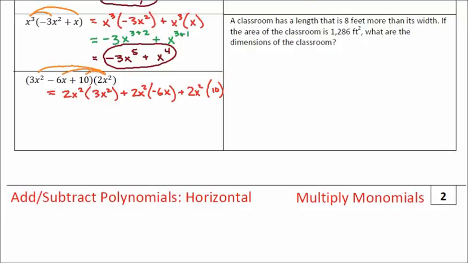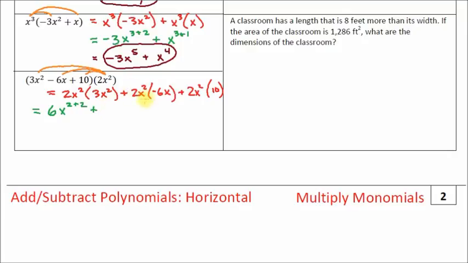Alright, now we just have to go through what we've already learned, how to multiply two monomials together. I'm going to move over a little bit here so we have a little more room. 2x squared times 3x squared: the two coefficients, 2 and 3, get multiplied together, and that's 6. And then x squared times x squared is x to the second power plus the second power. We add those together.